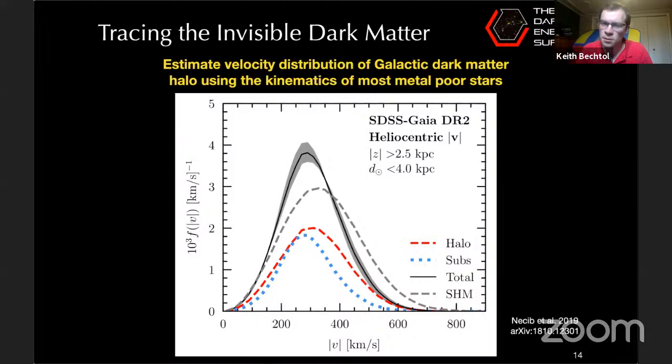And based on simulation, it seems that the kinematics of the most metal-poor stars, those stars that formed earliest and have been present in our Milky Way halo for the longest time, are actually good tracers of the velocity distribution of the dark matter halo, right? So we're basically using baryons to make some inference about how the dark matter is moving.